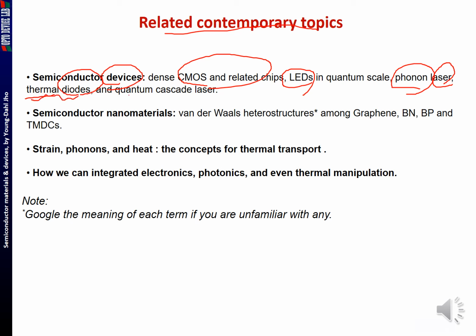And there's also quantum cascade laser, in new materials, especially van der Waals heterostructures. Layer by layer, they have the van der Waals interaction in between. Something like graphene, boron nitride, black phosphorus, and TMDs, transition metal dichalcogenides.